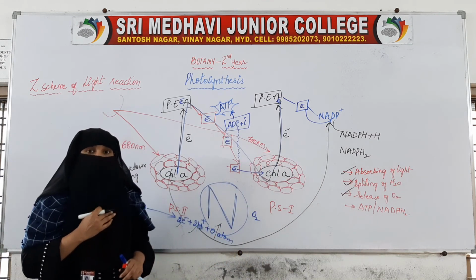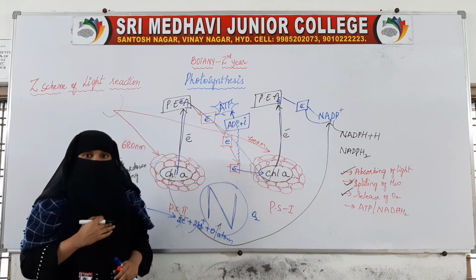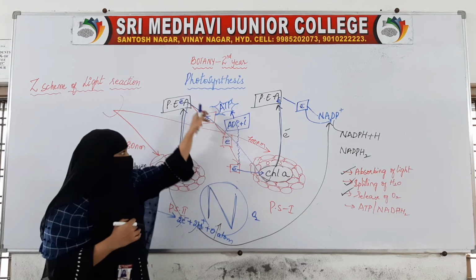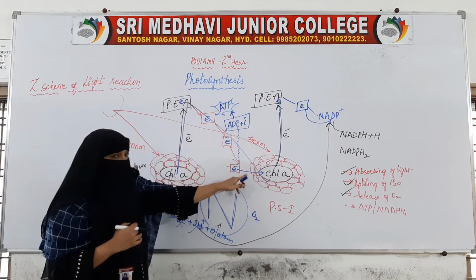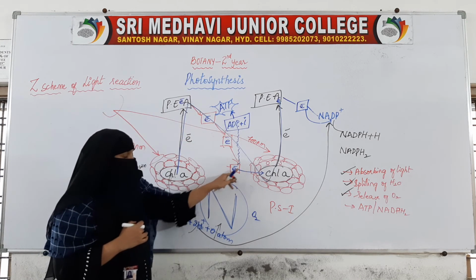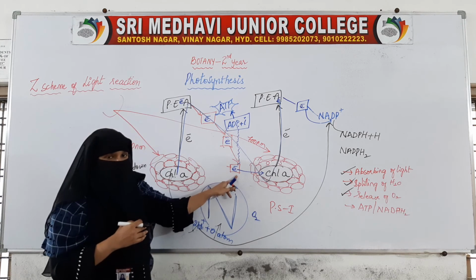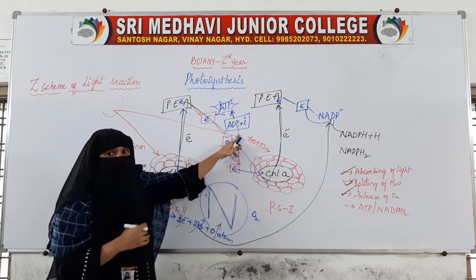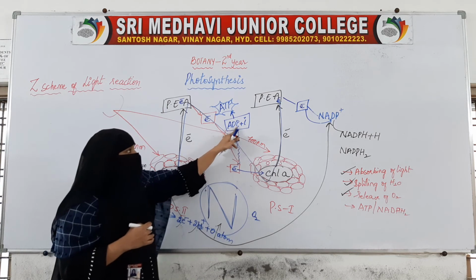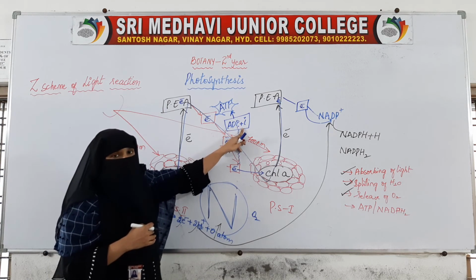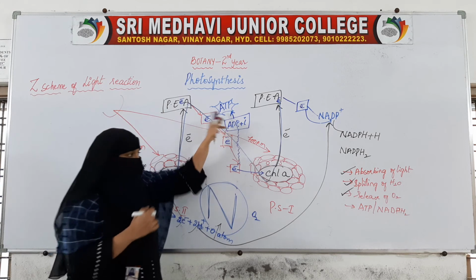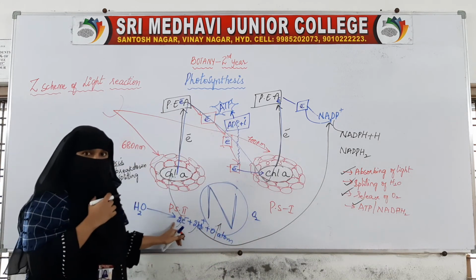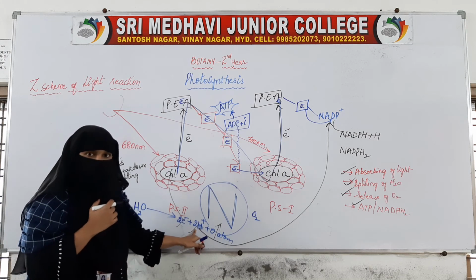With the release of oxygen, ATP is also formed, because when the electron was moving down the gradient, down the hill, and reached the last electron acceptor, it released energy. That released energy helped in binding ADP with an inorganic phosphate, thereby forming ATP.